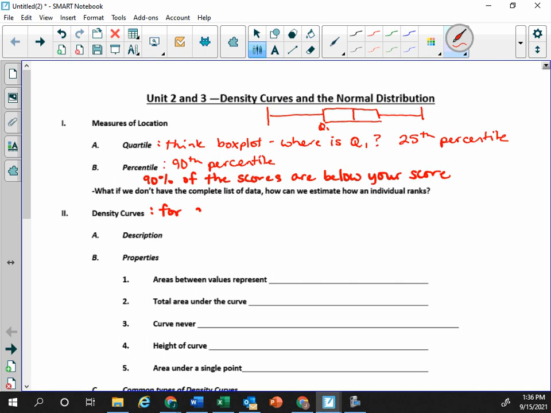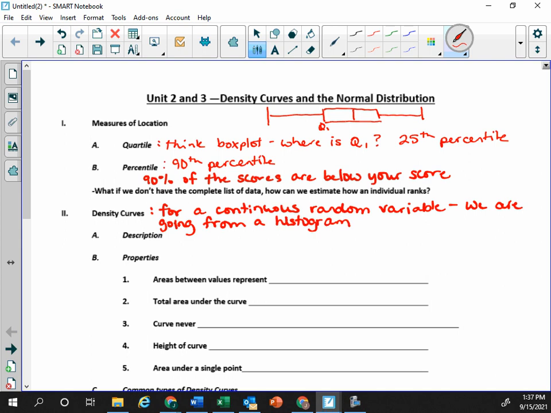So for a continuous random variable, we are going from a histogram to a curve.